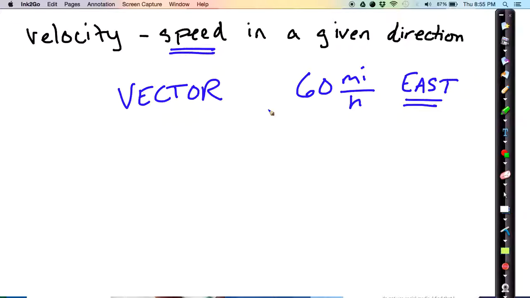And that makes this a velocity quantity. This makes it a vector quantity, which is describing velocity in this particular case. Now, the important consequence of velocity being a vector is that in order to have constant velocity, we must have both unchanging speed and direction.